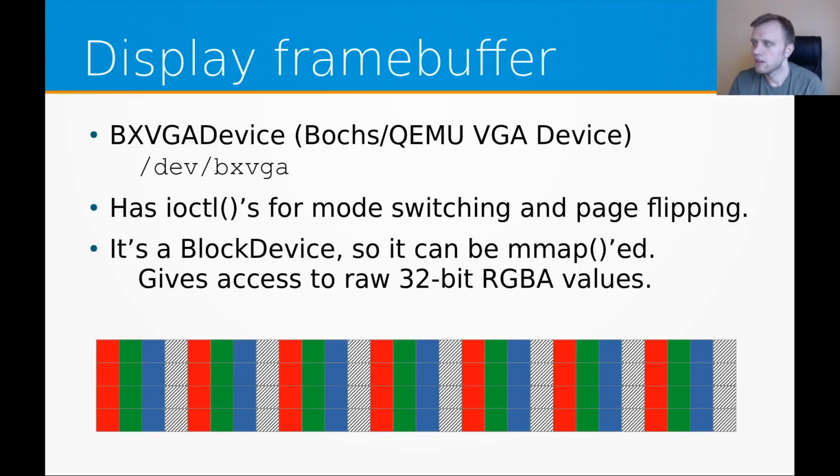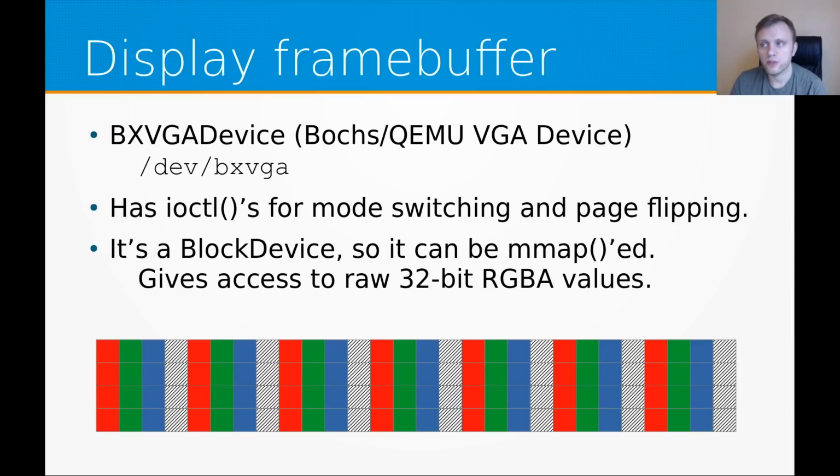It's just that it does things in its own way, and currently we're only targeting that. But the BXVGA device in Serenity has ioctls that you can call if you want to switch video mode, to change the resolution, and we also have ioctls that we call to do page flipping.